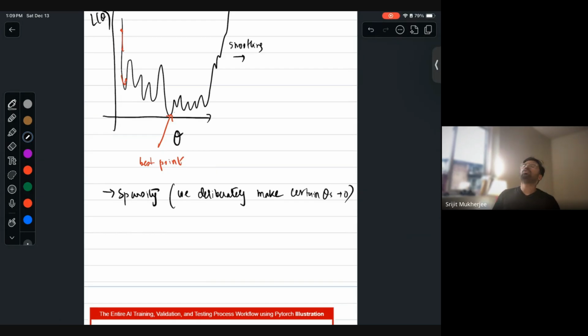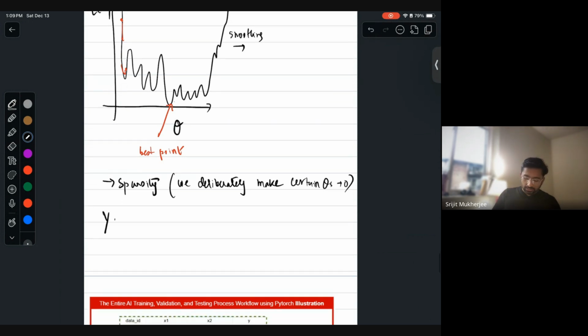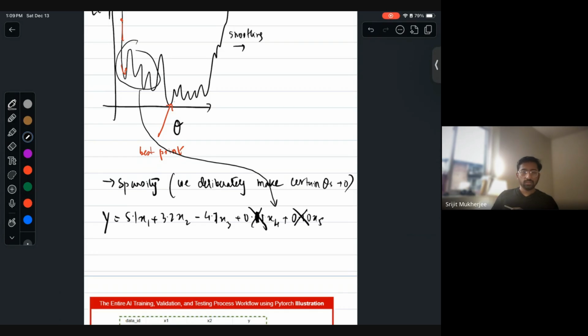Why? Because, let's say y is equal to 5.1 x1 plus 3.2 x2 minus 4.1 x3 plus 0.11 x1 x4 plus 0.10 x5, you can see these last terms are not important. So instead of keeping them, we make them close towards 0 and increase the weights here.